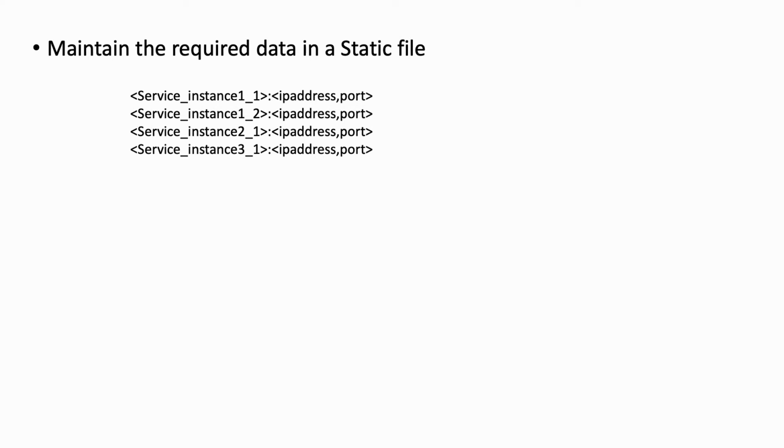But there are some disadvantages of using this method. What are those disadvantages? One is, as we discussed, it is a static mapping. Before starting our system, we had this file, so all the entries in that file are static.